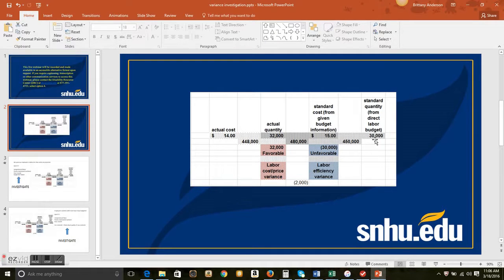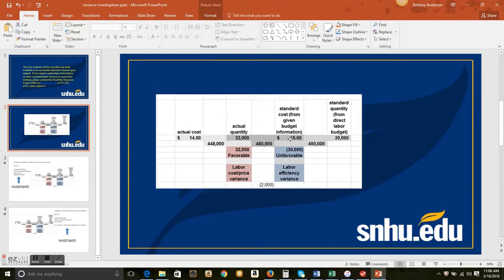My $450,000 is simply my 30,000 times my $15. This $480,000 though is a benchmark. Remember, it is my standard cost times my actual quantity. How much would I have paid at the actual usage with my standard price?